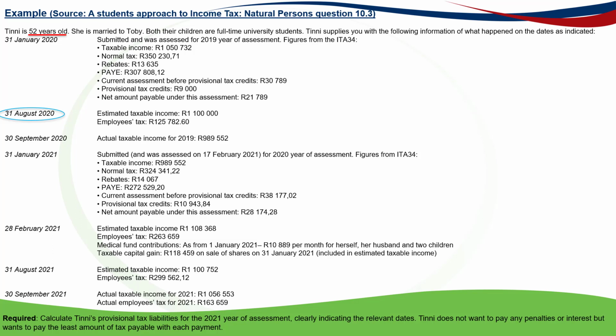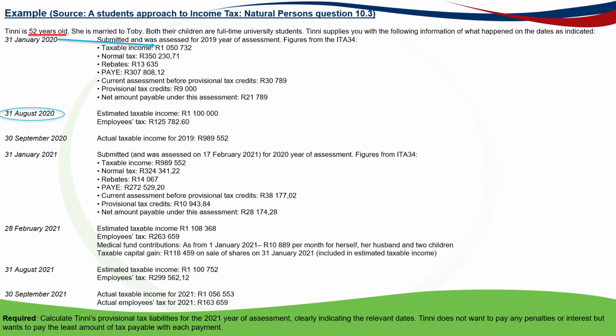The basic amount is the taxable income of the latest preceding year of assessment, as long as it is received at least 14 days before the 31st of August 2020. The latest preceding year of assessment is the 2020 year of assessment, and the assessment for the 2020 year of assessment was received on the 31st of January 2020, which is 214 days.